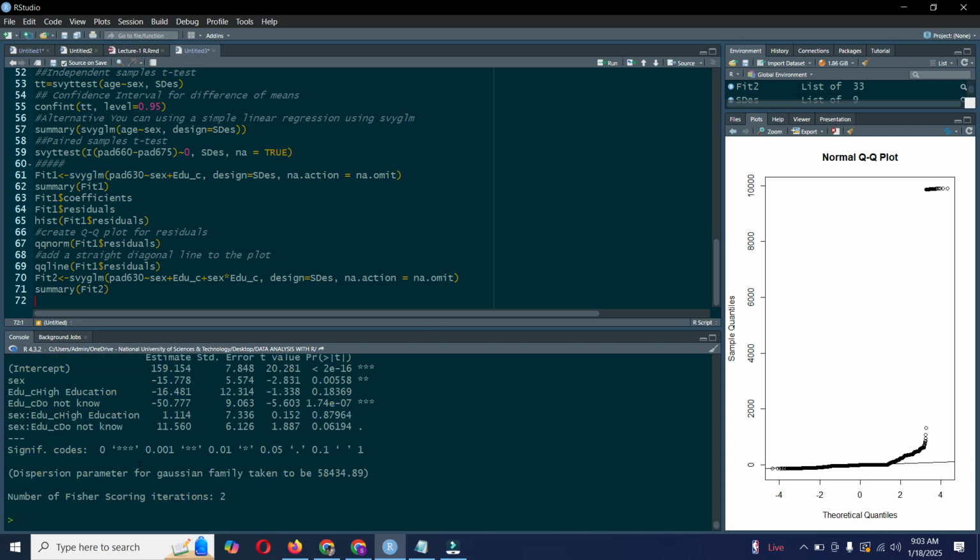Now you will get the interaction of sex with both the categories of education, for the two dummies corresponding to the education. That are positive, it means their joint effect on the physical activity is positive.